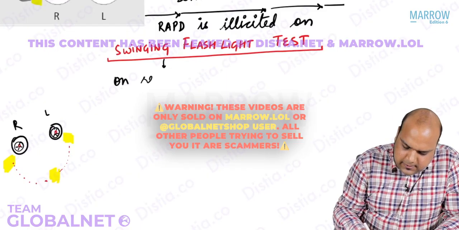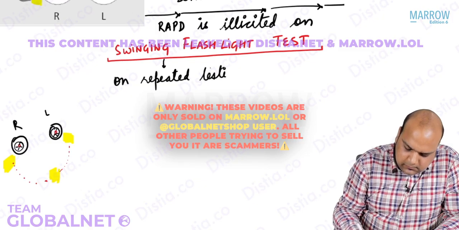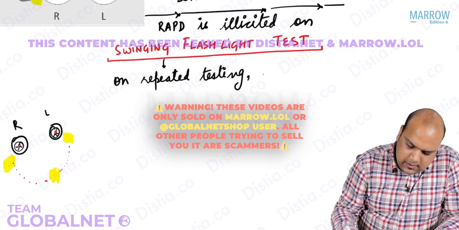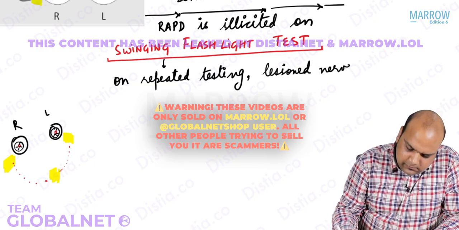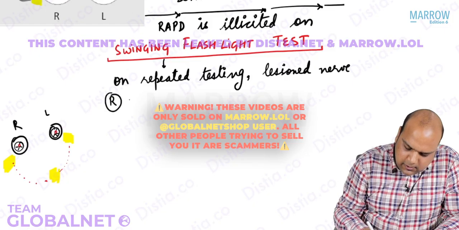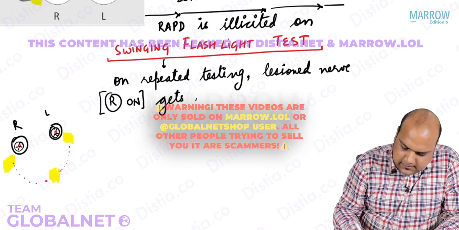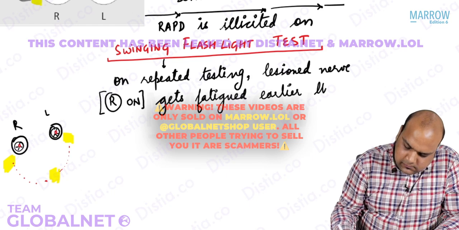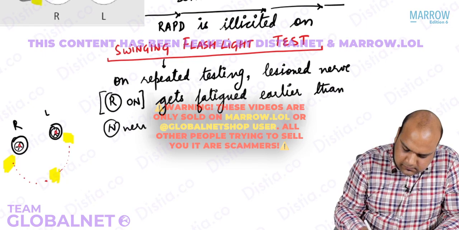On repeated testing, the lesioned nerve, in this case the right optic nerve, gets fatigued earlier than the normal nerve, that is the left optic nerve.